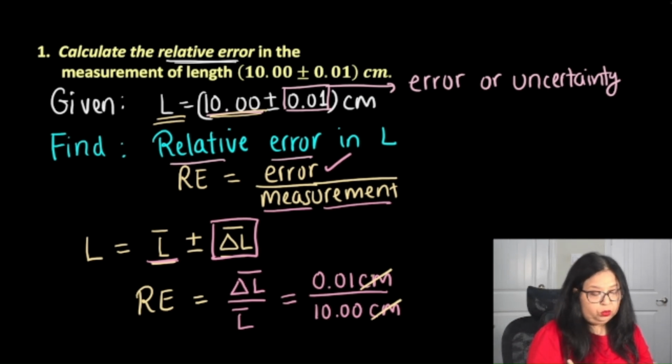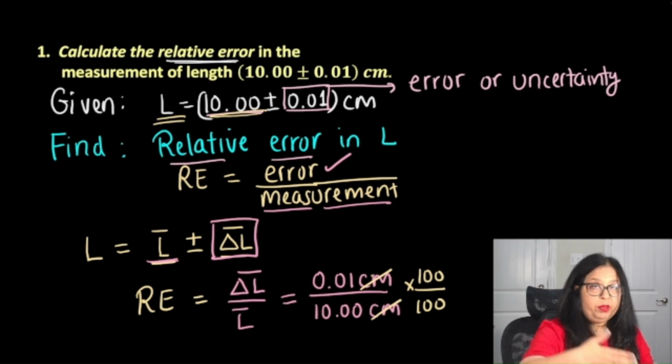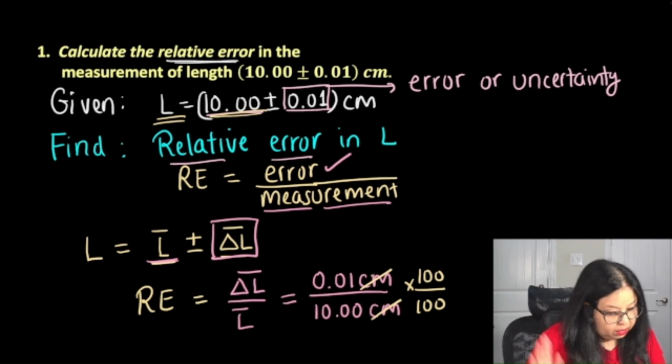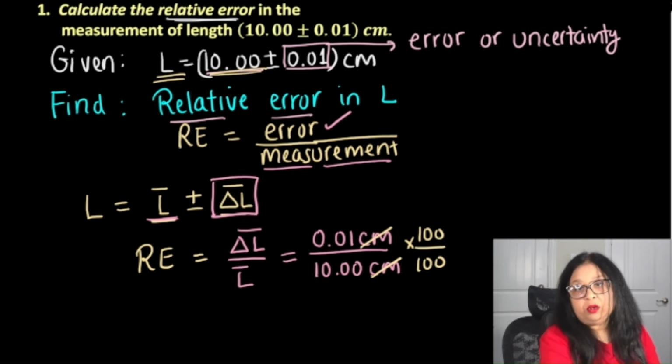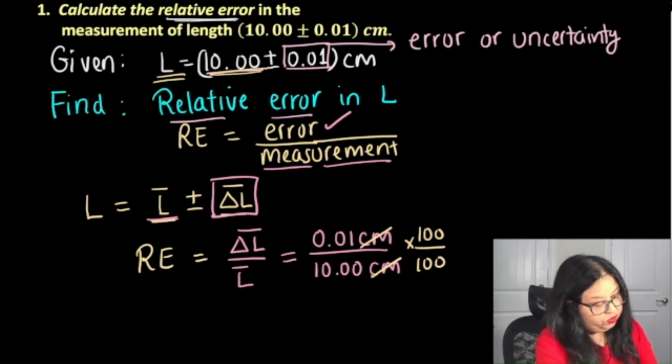One thing you could do to get rid of the decimal point is multiply by 100 over 100. This will make the number at the top 0.01 times 100 to be just 1, and the number at the bottom, 10.00 times 100, becomes 1000. There is more than one way to do it. You're welcome to utilize whichever way you're familiar with or whichever makes more sense to you.